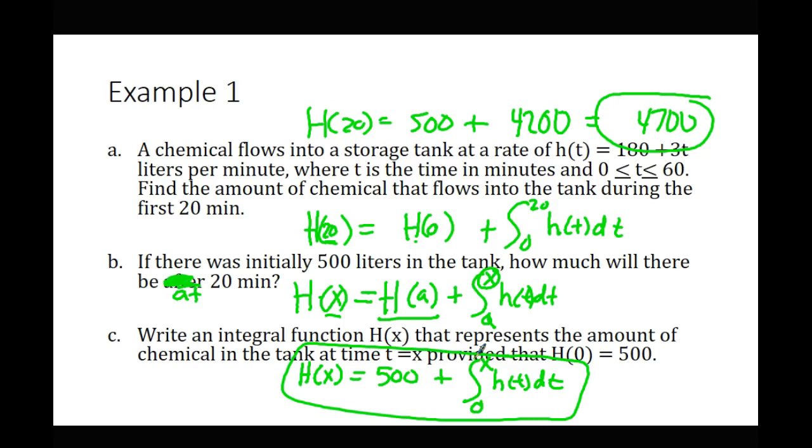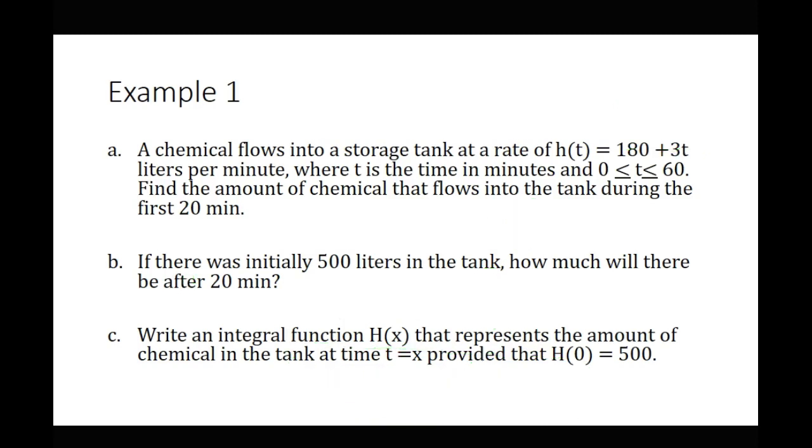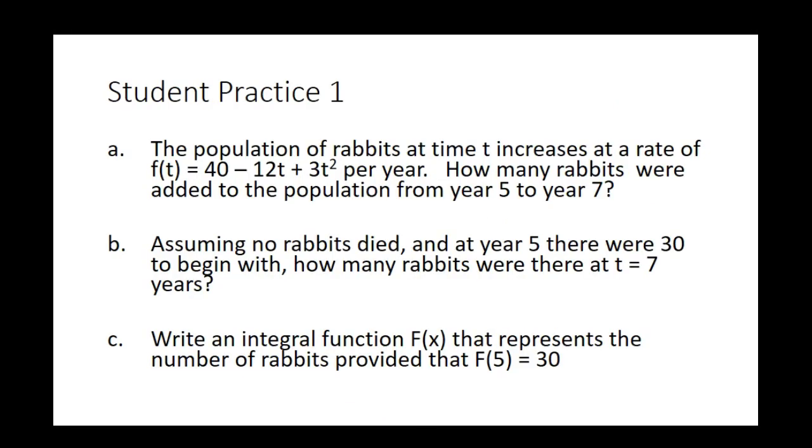So the amount of chemical in the tank at any given time period, x, will always be 500, the starting amount, plus the integral of your rate from 0 to whatever time period you're looking at. Okay? So a lot of the math we're doing, like I said, is not new. It's just interpreting it in the word problem. So here's one for you guys. Go ahead and see what you can do with it.